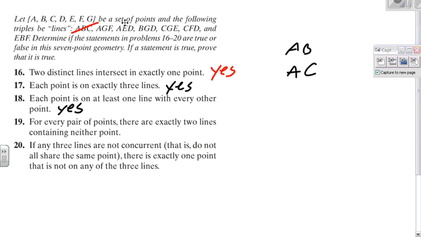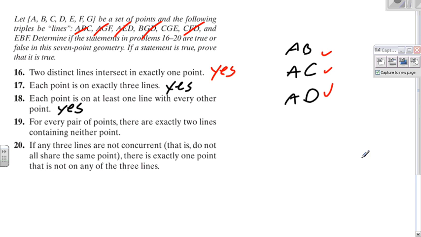Both in there. A, C, C. There's 2, so that one's okay. Next we can check A with D. It has A, that has D, that has D. There are 2, that's good.